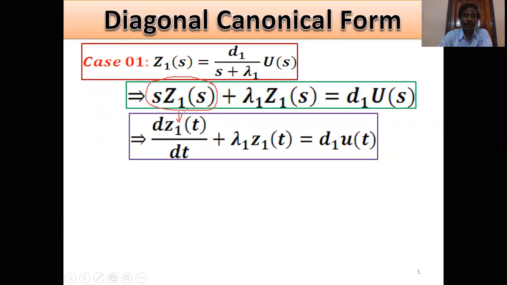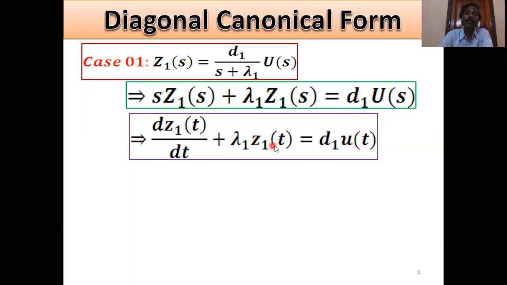This is the first order differential equation, dz1(t) by dt plus lambda 1 into z1(t), and d1 is constant, U(s) is equivalent to u(t).